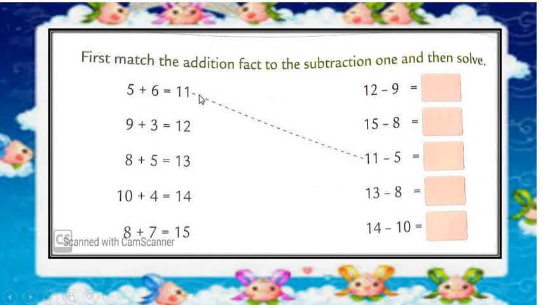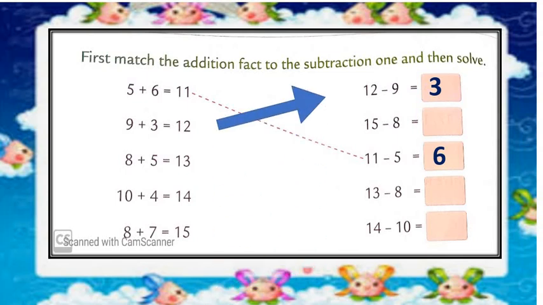5 plus 6 is equal to 11. Match with 11 minus 5 is equal to 6. Nine plus 3 is equal to 12. 12 minus 9 is equal to 3.